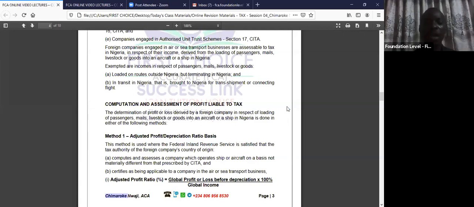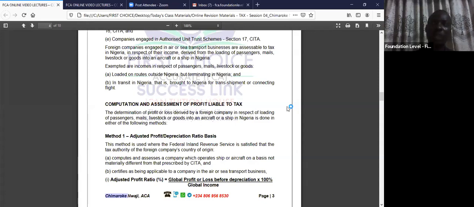So let's come back to the adjusted profit ratio. Now you are given net profits. Now after getting your net profits, you have adjusted it to the point that you have adjusted profits. So what is the adjusted profit ratio? It is the ratio of your adjusted profits over your total income. So let's say, for example, you have a net profit, you've adjusted it to adjusted profit.